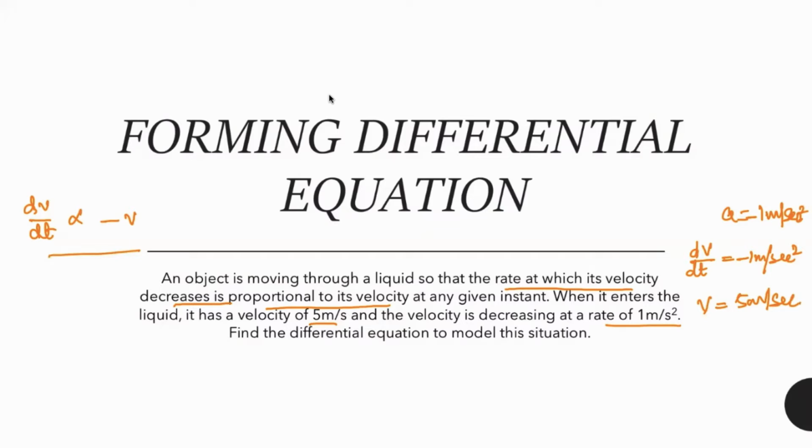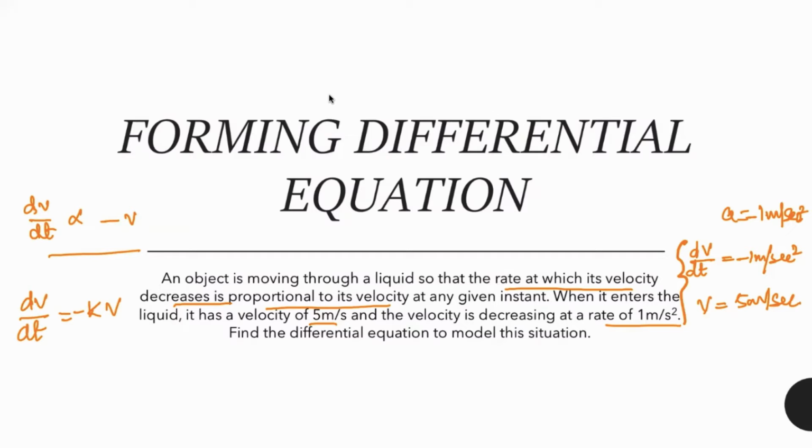Now we know this is a relation with proportionality. Now we need to change this proportionality into an equation. So whenever we remove the proportionality symbol, what do we do? We multiply with a constant, where k is a positive proportionality constant. Now, using this information, we'll find out the value of k.